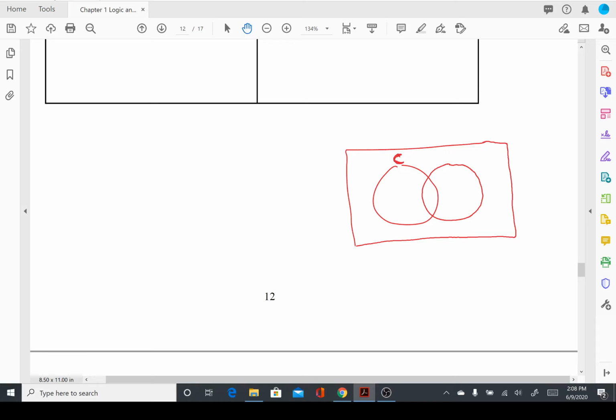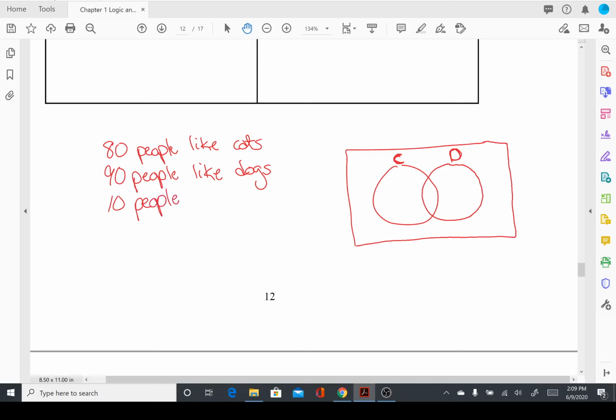Let's label this C and this D. They will tell you that 80 people like cats, 90 people like dogs, 10 people like neither, and 20 people like both.